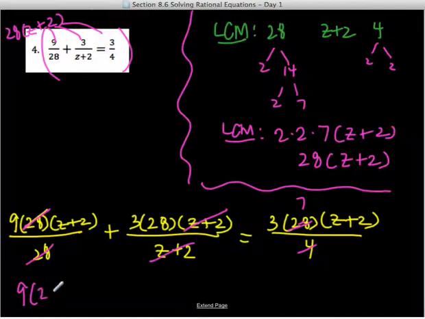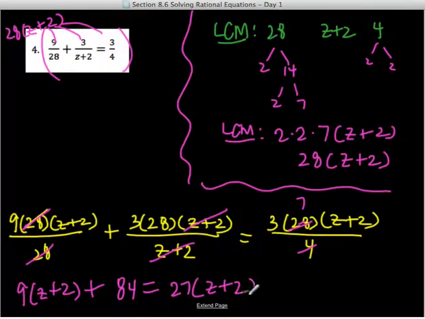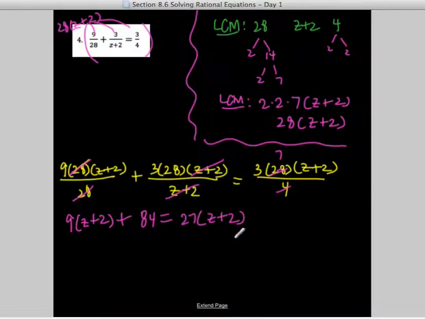So I'm going to write down what I have. I have 9 times z plus 2 plus 3 times 28. 3 times 28 will be 84. That equals 3 times 7 is 21, and then we got z plus 2. Okay, so I'm going to start simplifying.